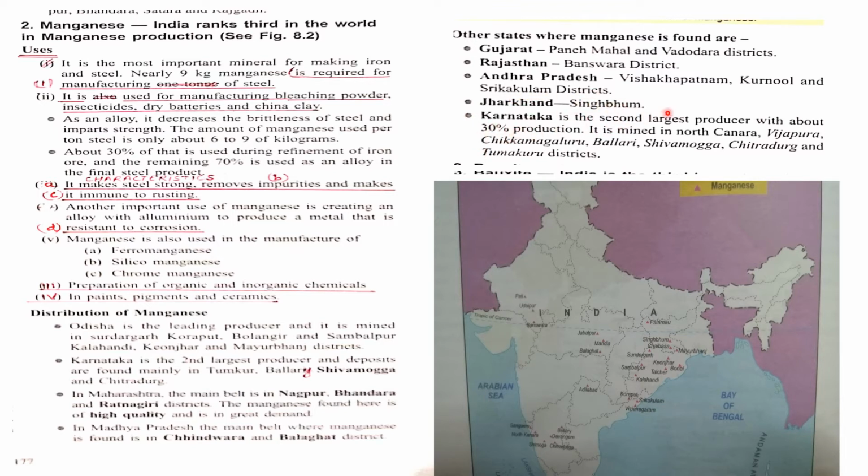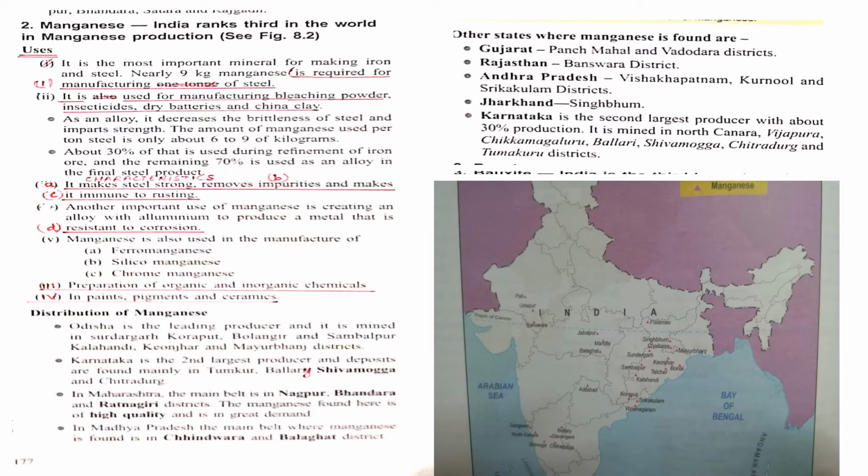Karnataka, which is the second largest producer, it is mined in Kanara, Vijapura, Chikmagalur, Bellary, Shimoga, Chitradurg as well as Tumkur district. So this is about manganese.